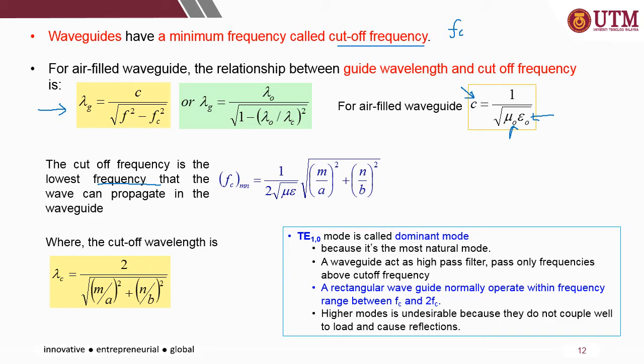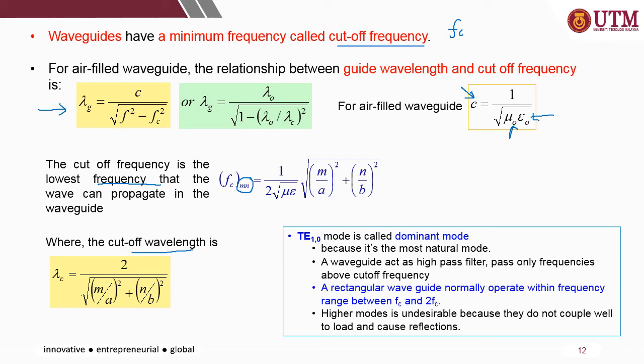The FC will depend on the modes as well. For M and N, the FC can be calculated by considering the mode numbers and the cutoff wavelength related to FC.